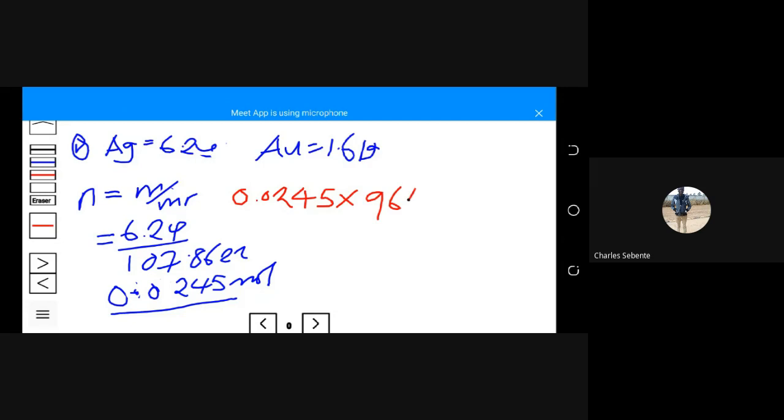Okay. After doing that, you are going to have the number of moles, so the number of charges per se. You can punch your calculators and get the number of charges.